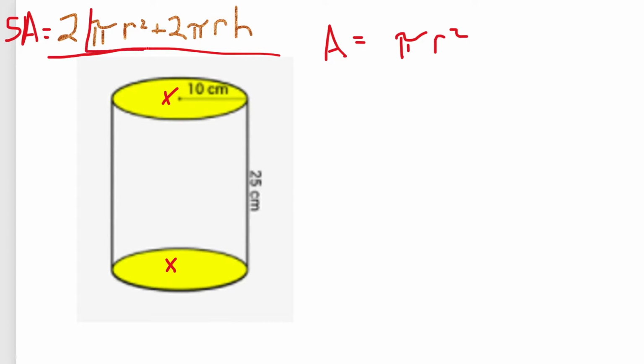Notice that right here in the formula. Where does the 2 come from? There are 2 surfaces. That's where the 2 comes from, in the 2 pi r squared. So hopefully this will work now. There we go.